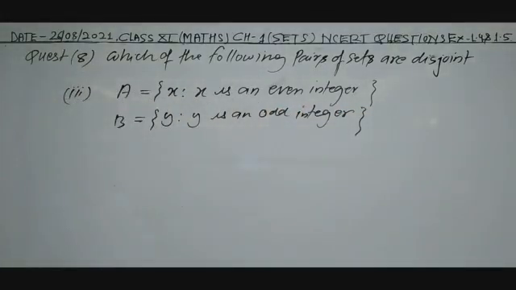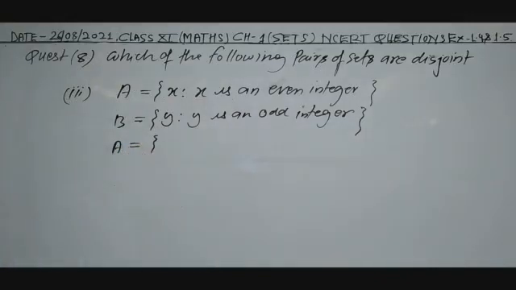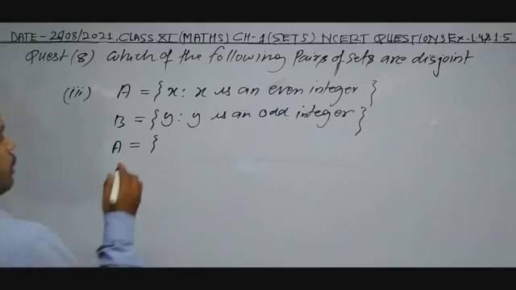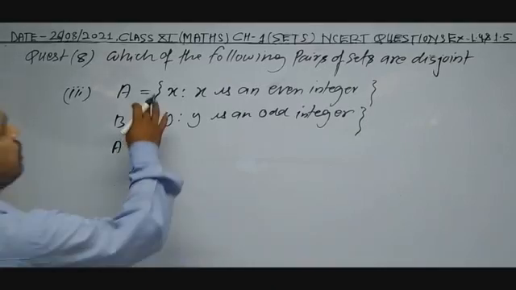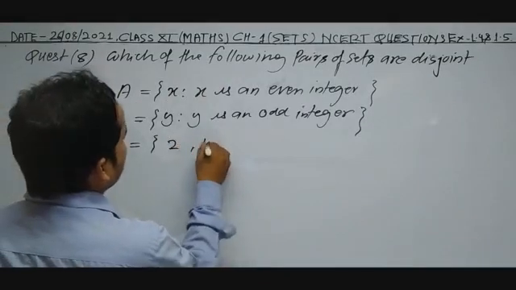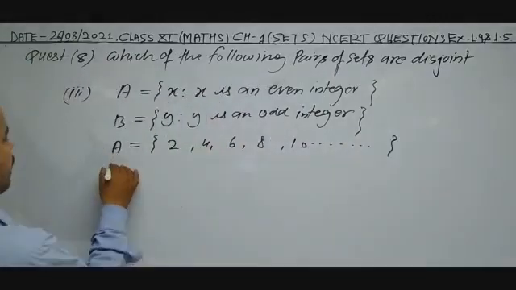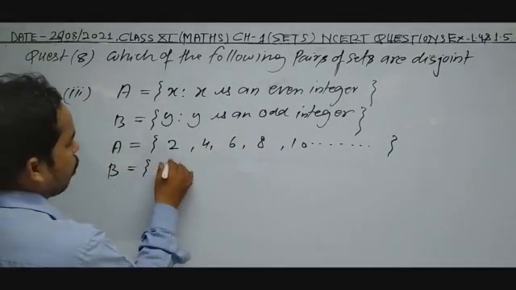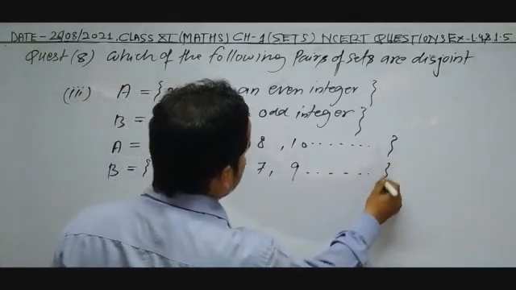Now we have to convert in tabular form. Even integer, it is not mentioned whether positive or negative. Suppose this is a positive integer, so you can take 2, 4, 6, 8, 10 up to infinity. This is an infinite set. And in the case of odd integers, 1, 3, 5, 7, 9 up to infinity.